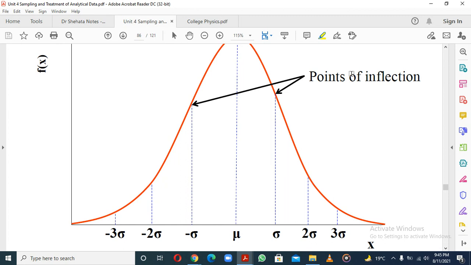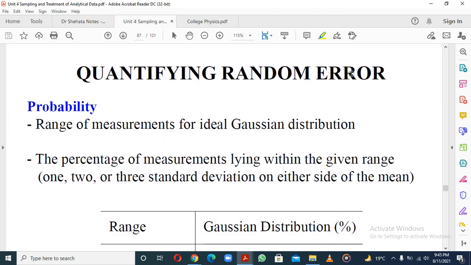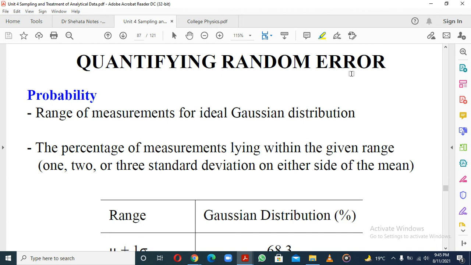So then using the Gaussian distribution, you are able to find the probability of how close your values are to the real thing, to the true value.